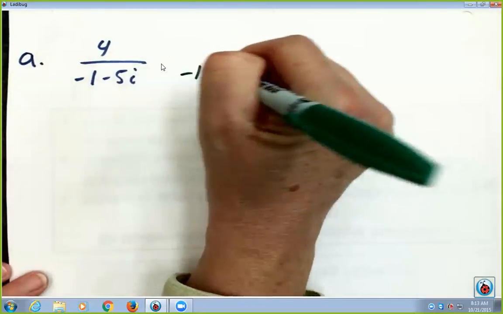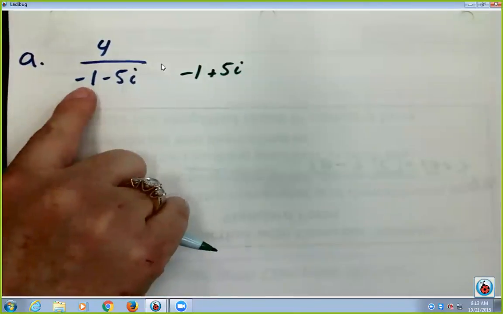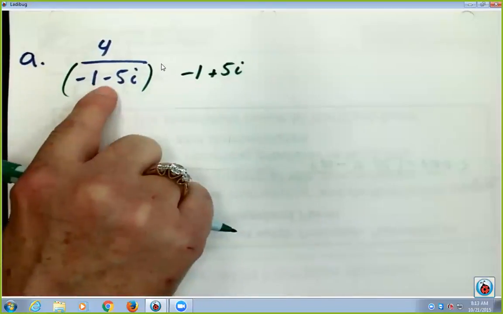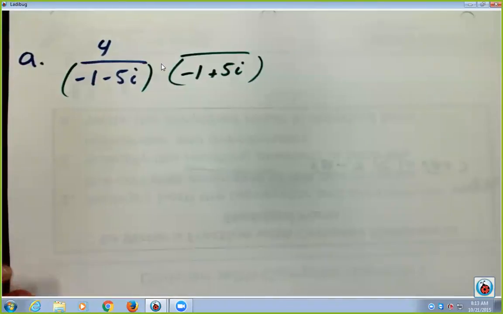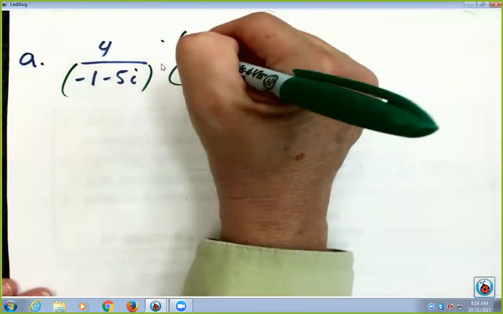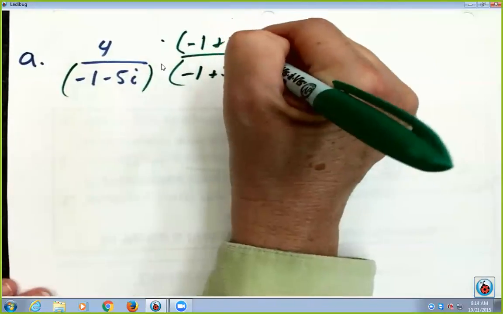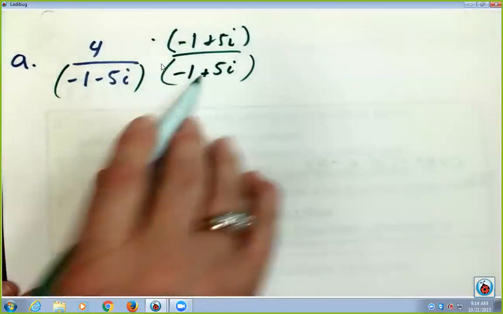Okay, a negative 1 plus 5i. Because if you remember, it's going to be the same two numbers out in front, but the sign is going to change. And when I do that, it's going to get rid of my i's. Because in 9.4c, we were getting rid of radicals. But now we have to remove the i's out of the denominator, so we want to make sure you get that conjugate in there.